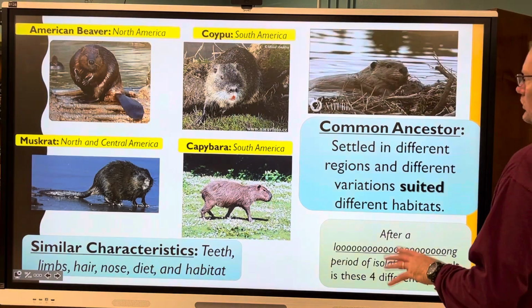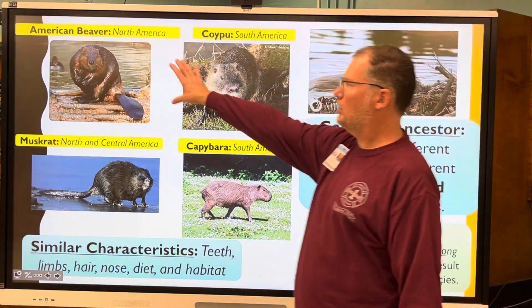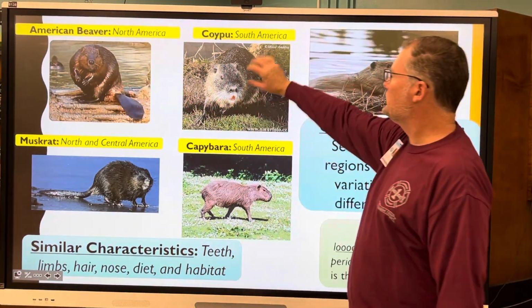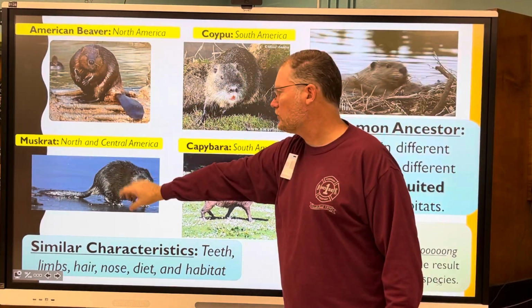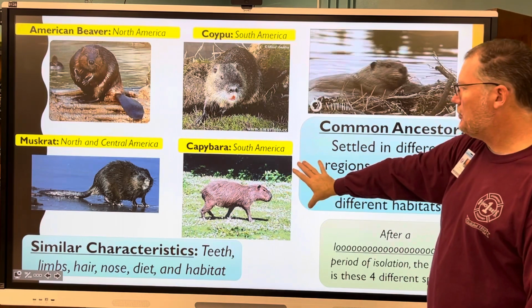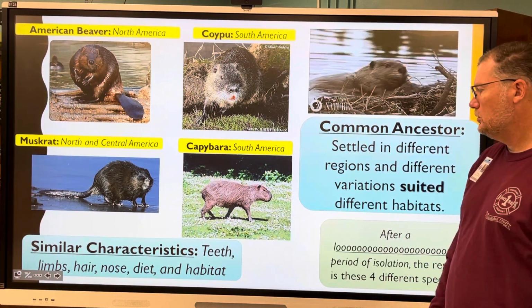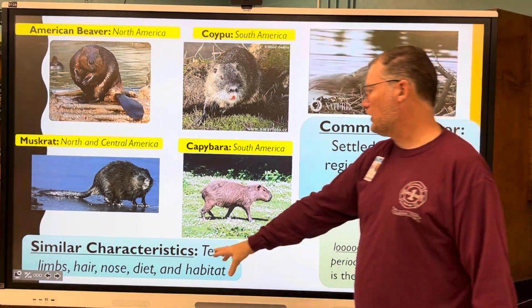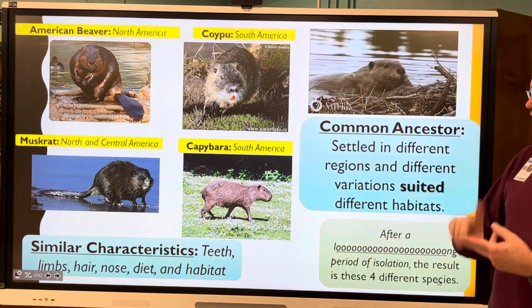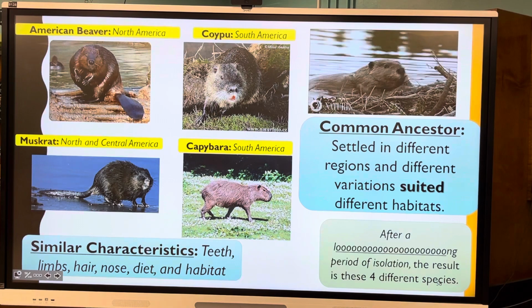Here are some more. In North America, we've got the American beaver. In South America, we have the coipu, the muskrat in North and Central America, the capybara, the largest rodent, and here's the beaver picture. Similar characteristics are teeth, limbs, hair, nose, diet, and habitat.